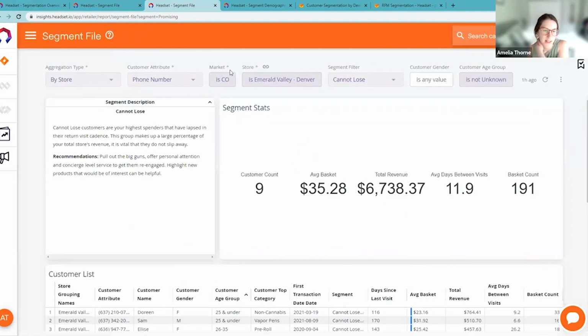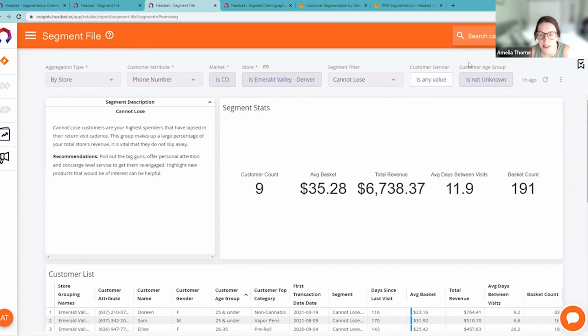This segment file is going to give you exactly who is shopping at your store that falls under this Cannot Lose segment. With this, again, we're going to look at the phone number. We have our market and store selected, and it's going to automatically select the segment filter if you select it from that previous dashboard. And then with customer gender and age group, you can filter into whatever you'd like to look at.